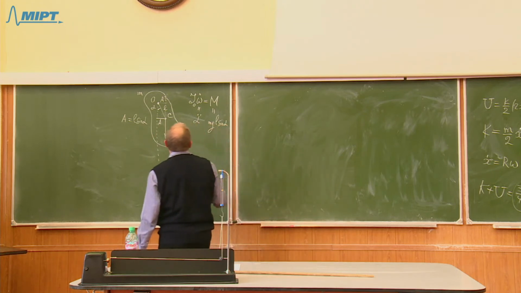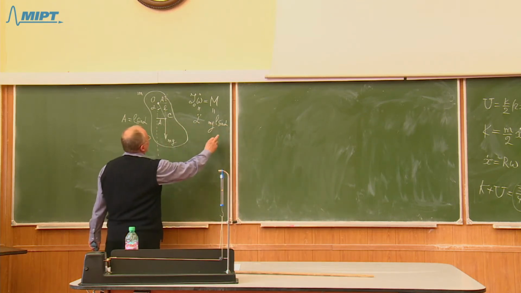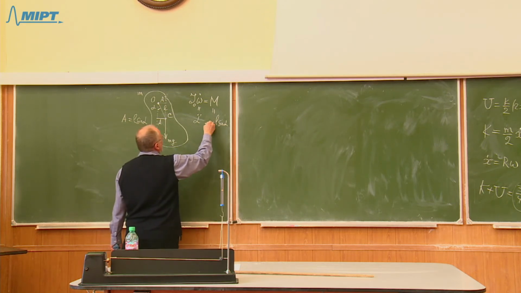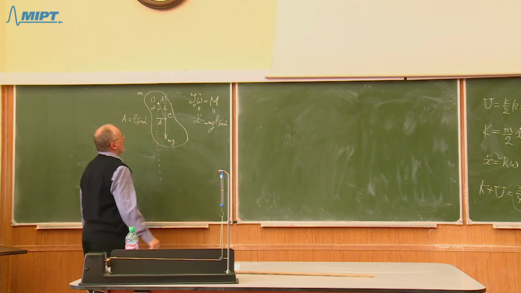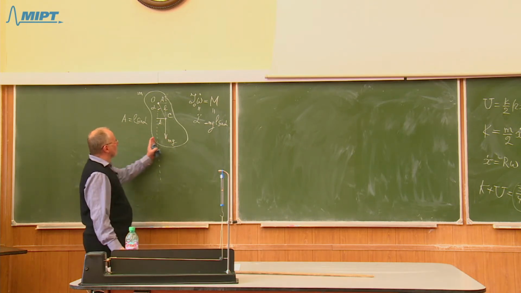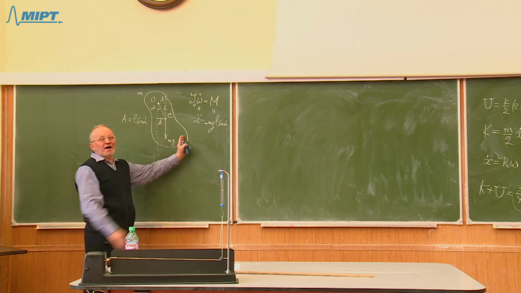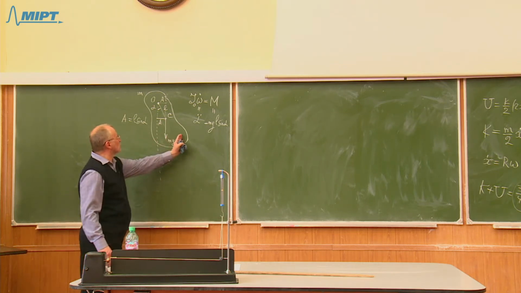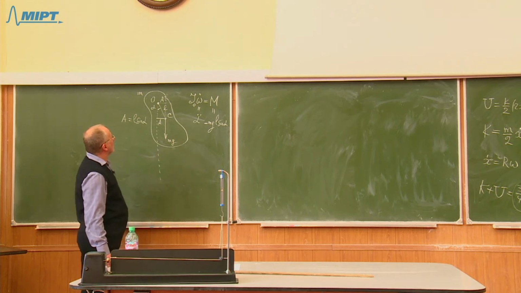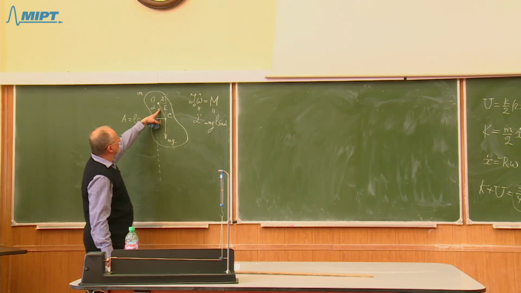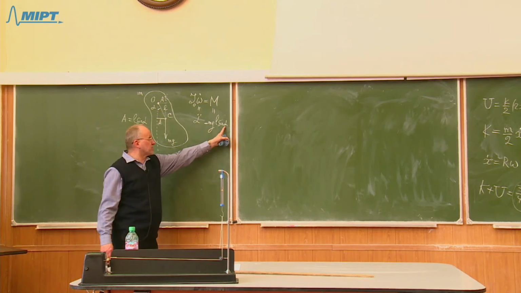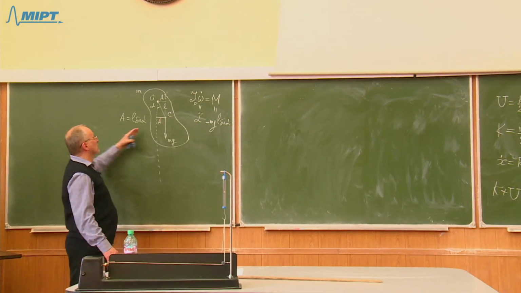So I will obtain an equation. And again, that will be minus sine, because when the body is deflected to the right, as it is shown on the blackboard, the angle is positive and sine alpha is positive, but the acceleration will be negative.